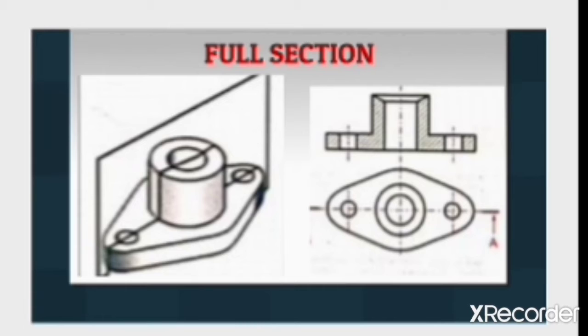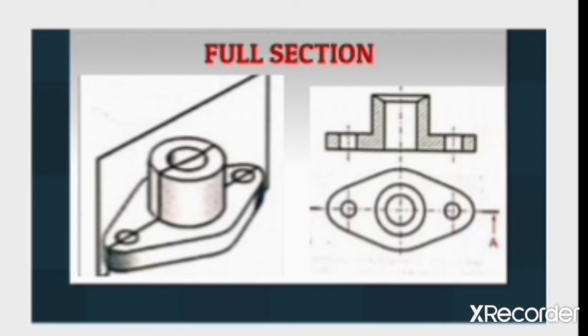If suppose the object is made up of one or two materials, we have to distinguish the two materials by the hatching lines, either by angle or direction.